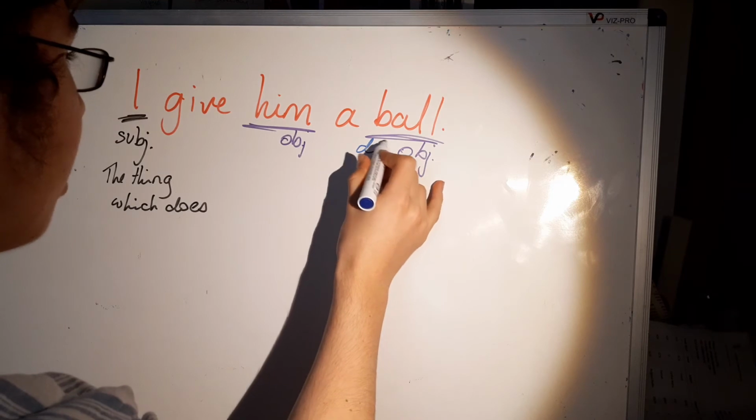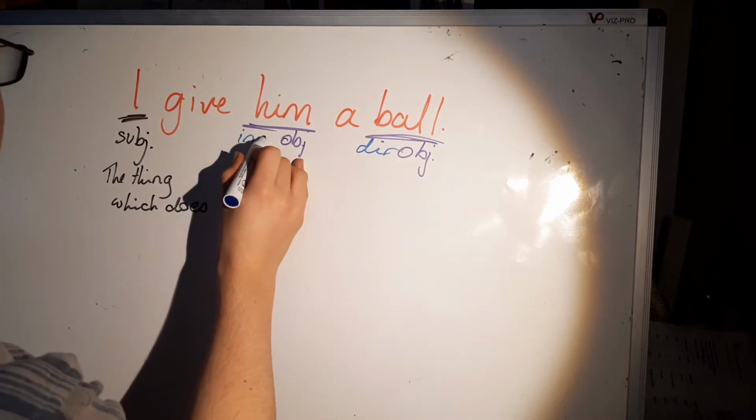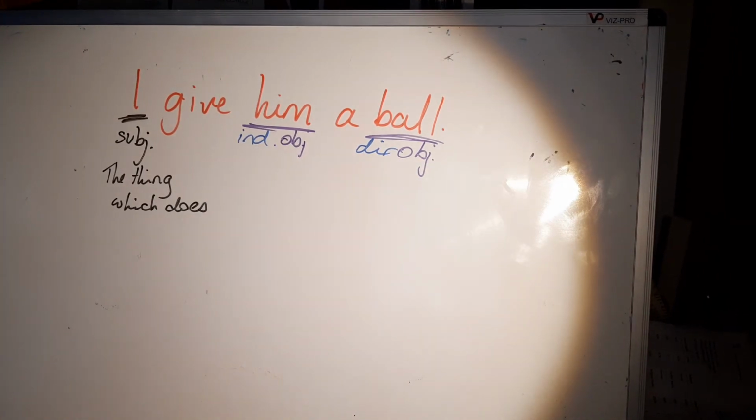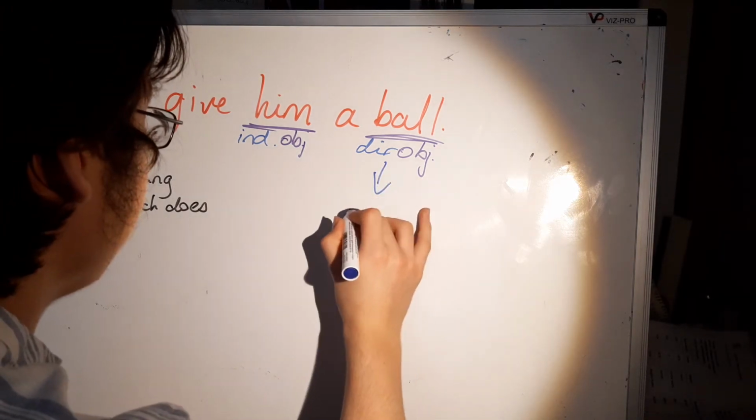They are very different. The direct object is the thing which is directly affected. It is the thing which is directly done unto. So, directly acted upon.